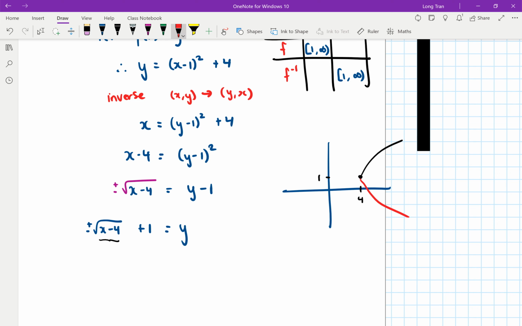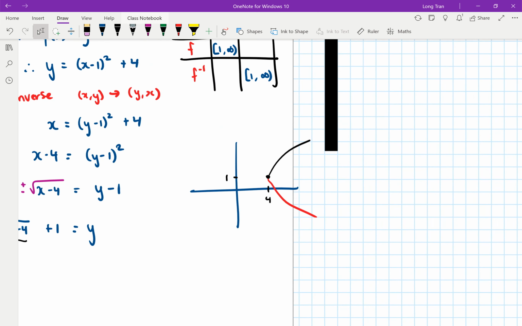You can see that in the positive direction, which is this one, the range clearly is from 1 to infinity. So this is for the positive root of x minus 4 plus 1.